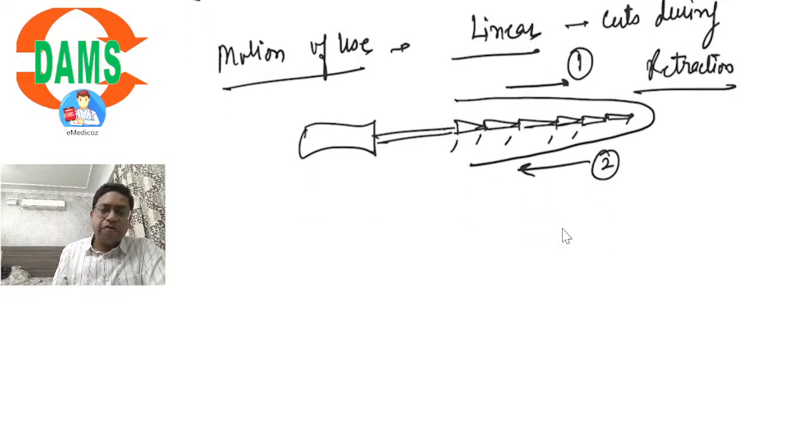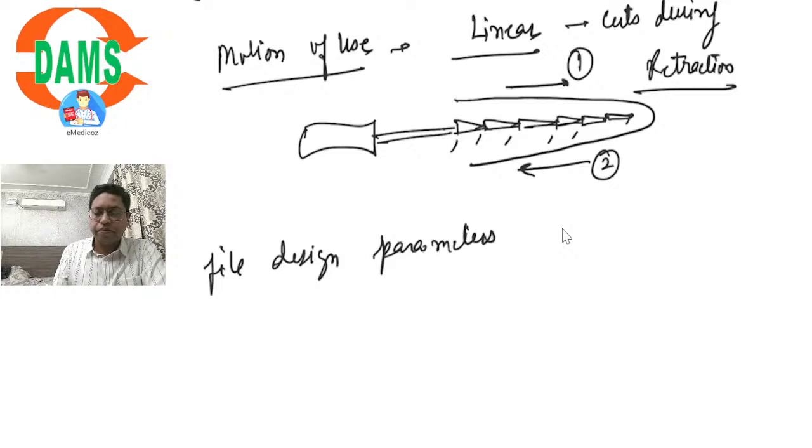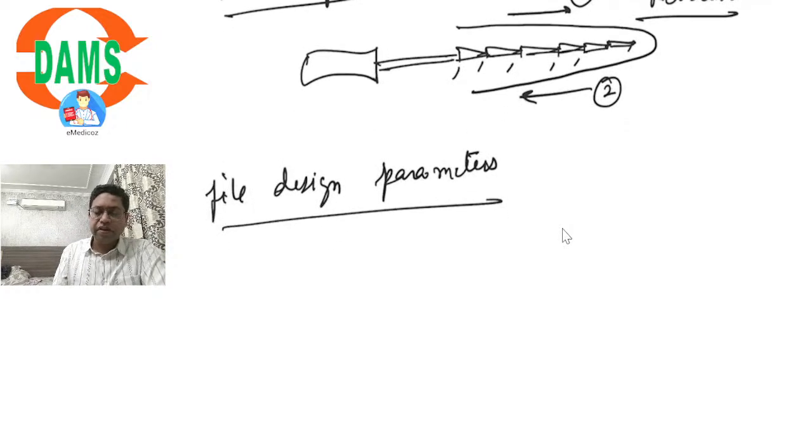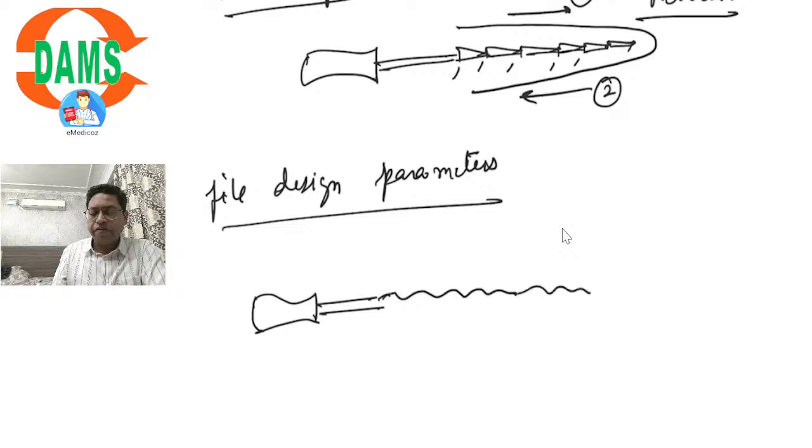Now, if we talk about certain file design characteristics or parameters, suppose this is an endodontic hand instrument or a file with flutes like this.